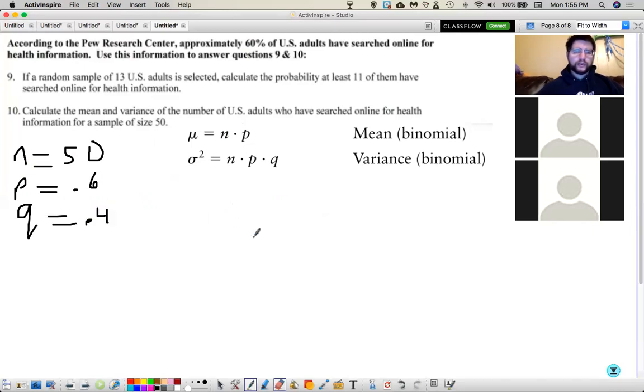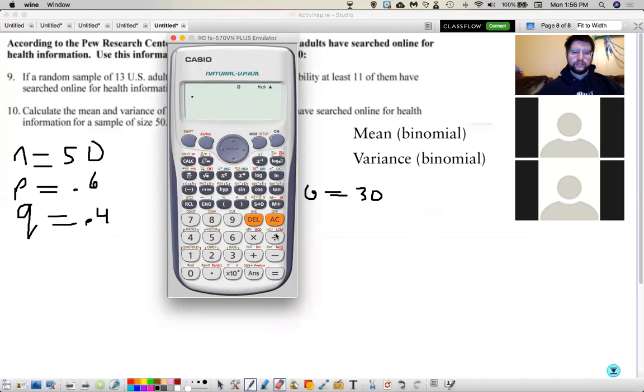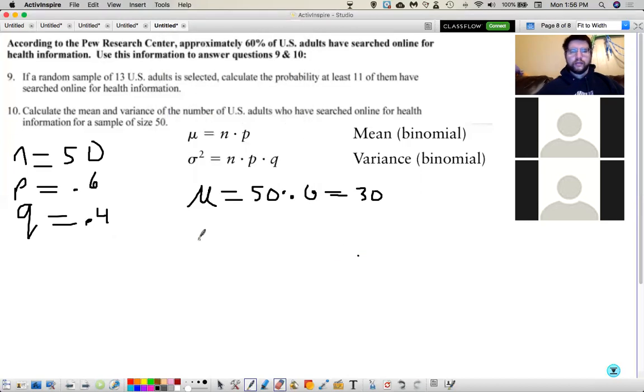So 50 times 0.6, you need a calculator if you want to. 30. The variance, it says?